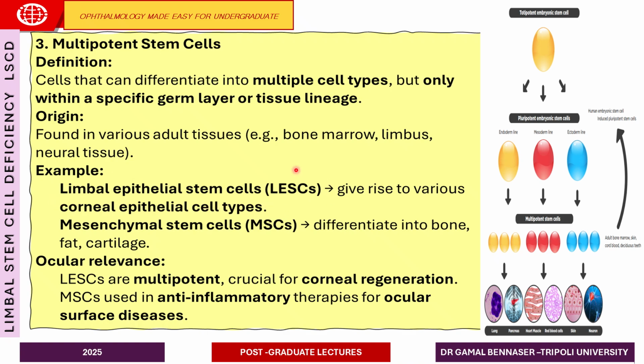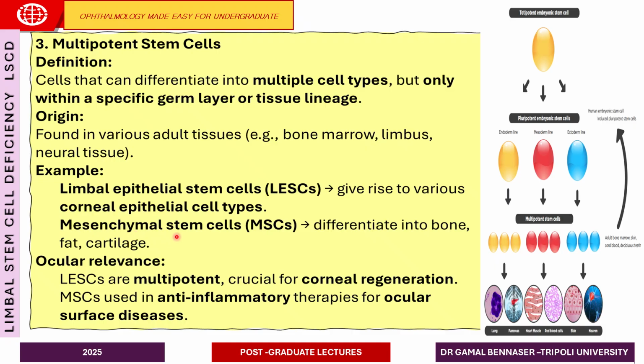Now, the limbal epithelial stem cells will give rise to the various types of corneal epithelial cells and all the other stromal cells that are present and supporting the corneal epithelium. Another example of the multipotent stem cells is the mesenchymal stem cells. And also now there are experiments on this type of cells to generate the corneal epithelial cells.